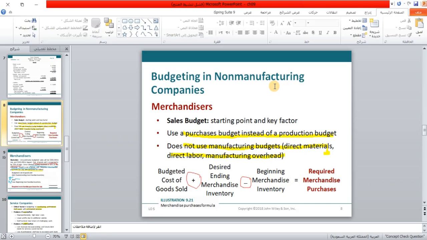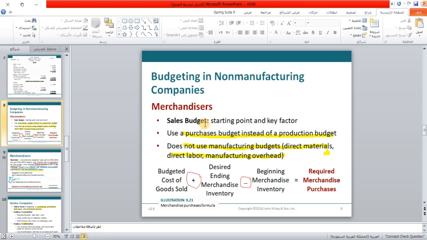But in merchandise companies, instead of the manufacturing budget, we will use the purchases budget, and we do not need manufacturing budgets such as direct materials, direct labor, and manufacturing overhead. Now we will see how to do budgeting for merchandise companies.